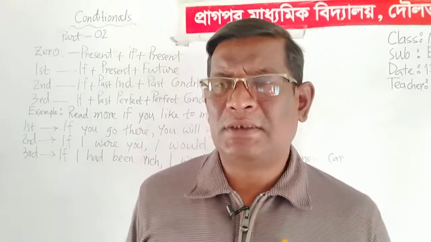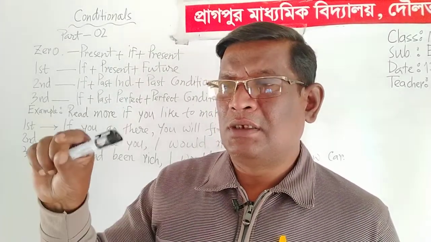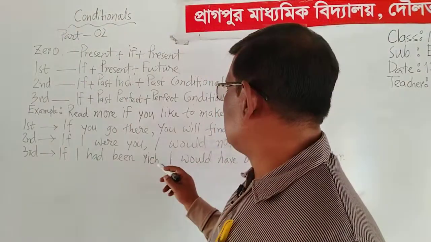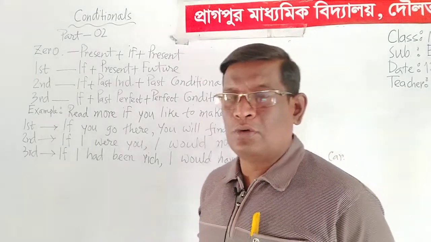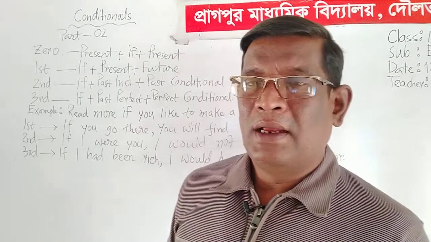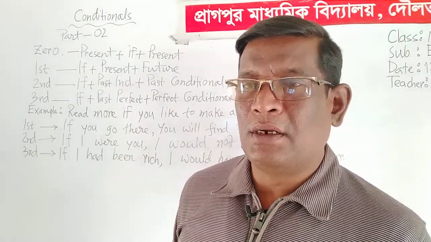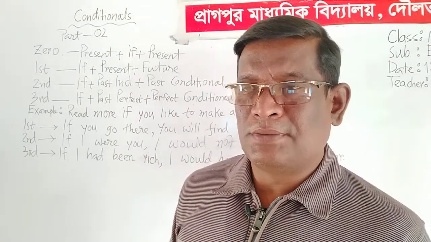The perfect conditional is, in this situation the sentence pattern is, firstly there will be a subject, then you have to use would, could, might, whatever is needed, and next the verb will have to be in the past participle form. It's very essential.